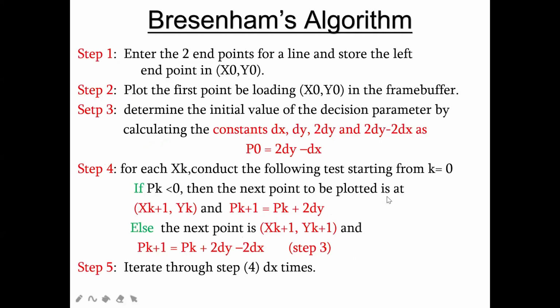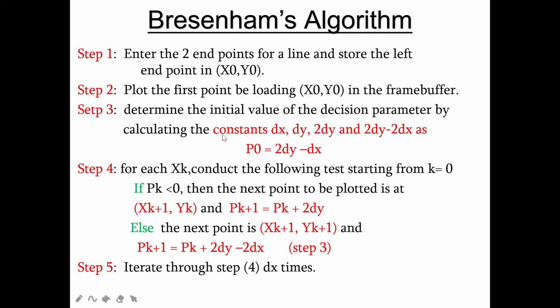But now we are going to see the actual algorithm, how you are going to write it. Here the formulas will be written directly, but how we got those formulas, I have just explained. So in this Bresenham's line algorithm, the first step will be the two endpoints, x0 comma y0. First you are going to plot the x0 comma y0 value.